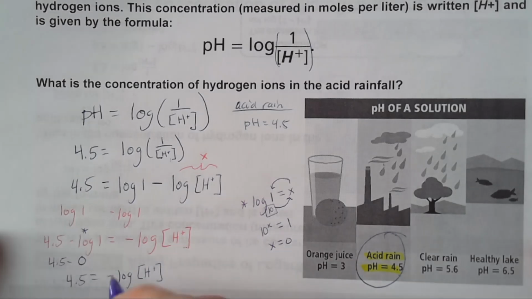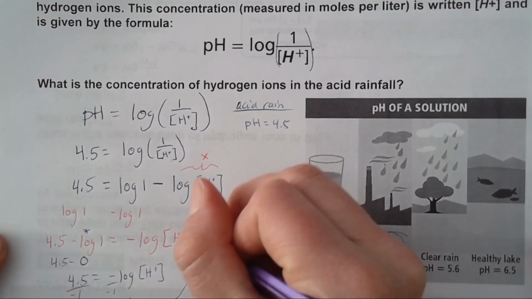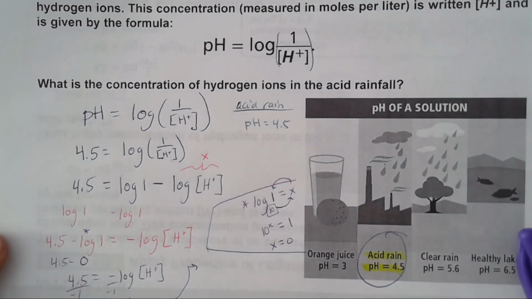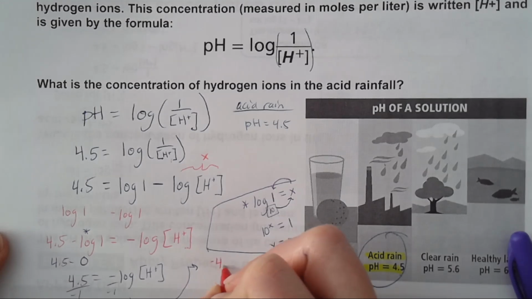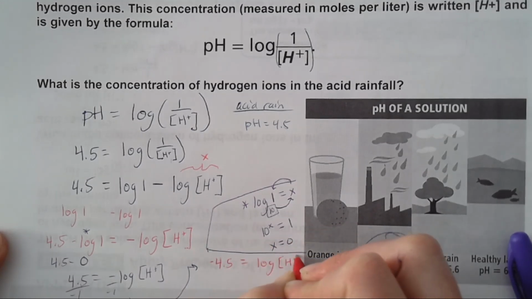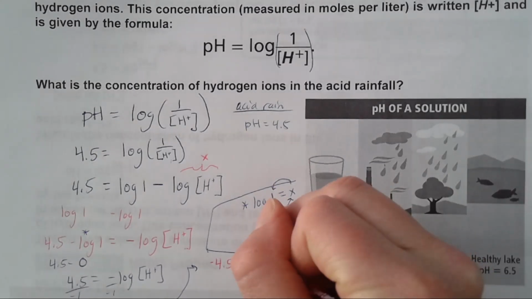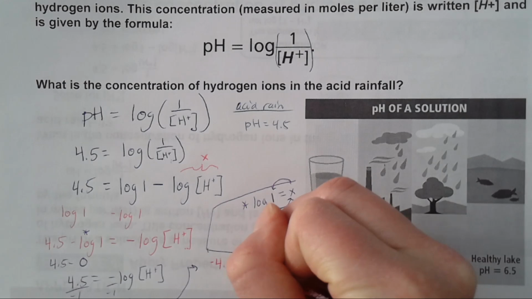And so we're going to divide by a negative 1. And we are going to get negative 4.5 equals the log of h plus. Well, now in order to get just the hydrogen, we're going to change forms into exponential. So I'm going to bring in this 10.